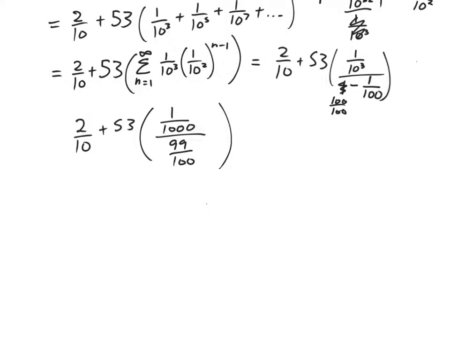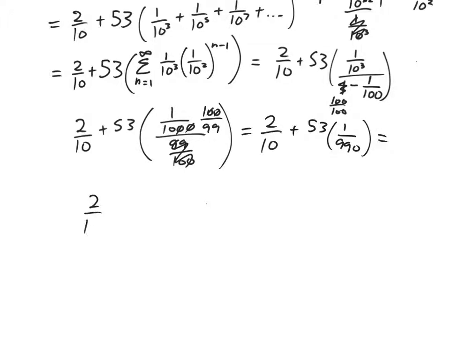Now I can flip and multiply, so I get 100 over 99. These zeros go with these zeros, which then gives me 2 over 10. And I'm going to add that to 53 multiplied by 1 over 10 times 99, which is 990. So this gives me 2 over 10 plus 53 over 990.